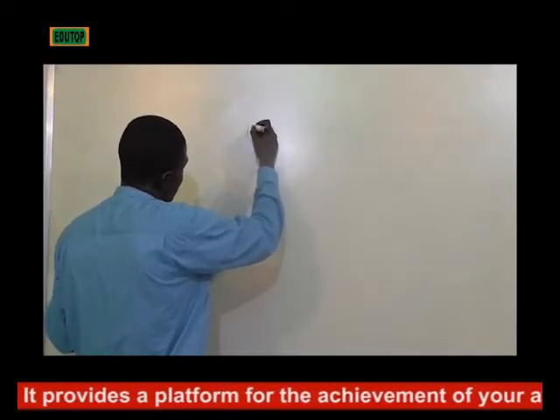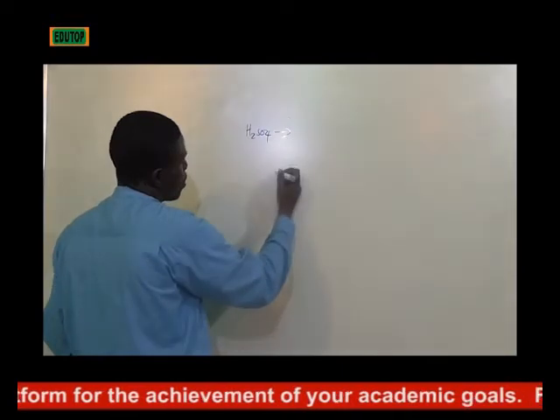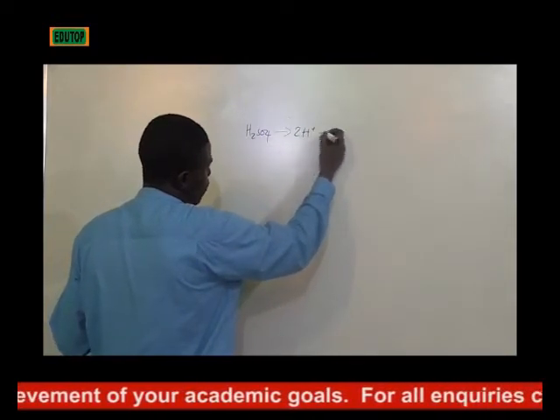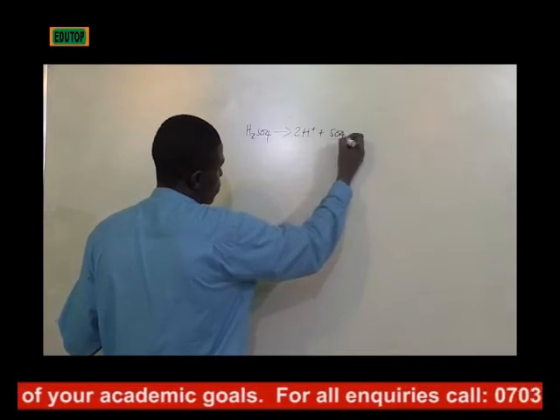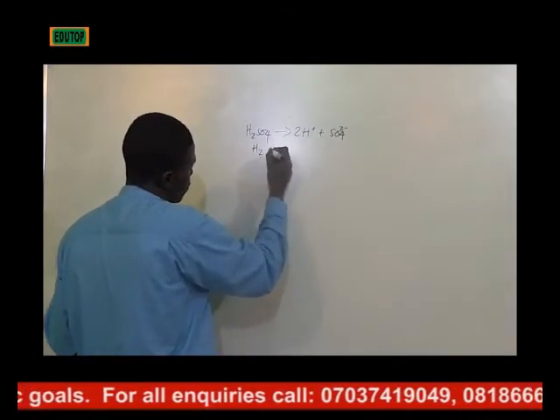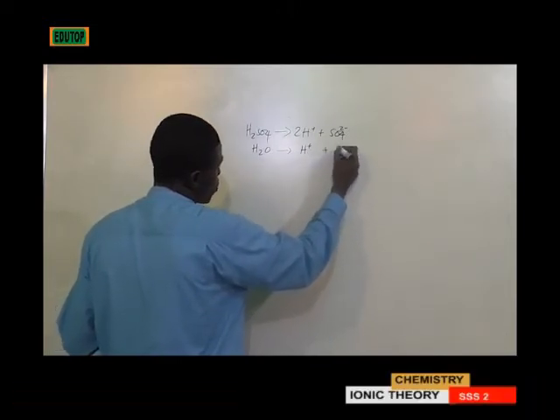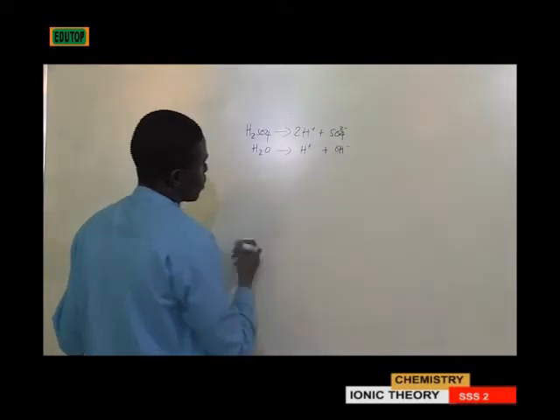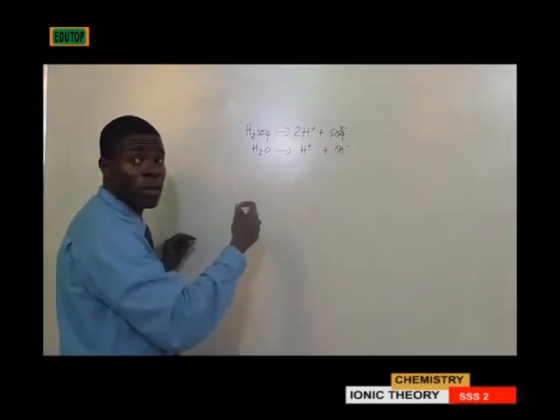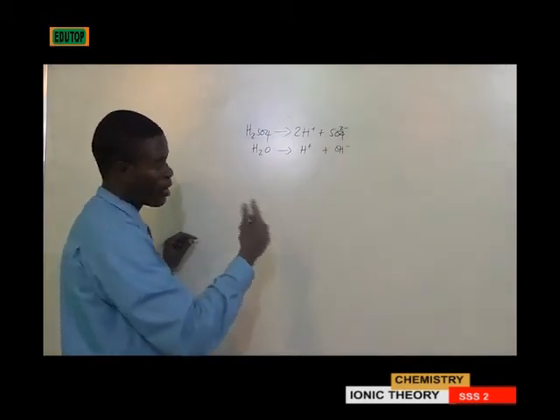Acidified water has H2SO4, which dissociates into ions in this form, 2H+ and SO4 2-. Then the water itself, which dissociates into H+ and OH-. And we all know that an ion can only move to the anode or the cathode depending on the charge.